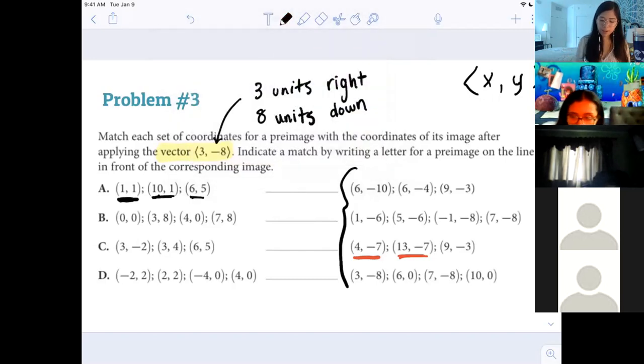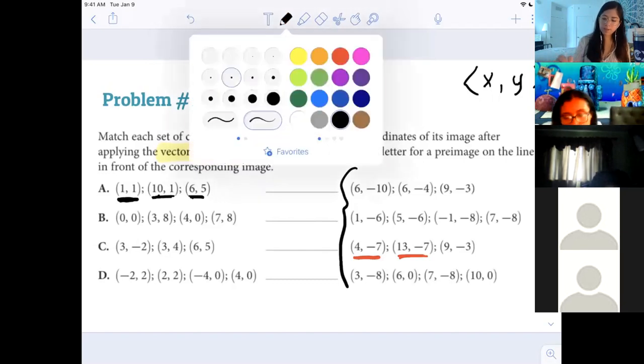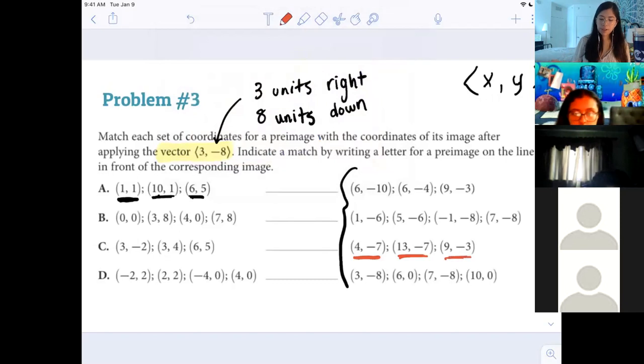I should add 3 to the 6, which would be 9, and then subtract 8 from the 5, which should be negative 3. And that does match up. So in other words, the vector 3 comma negative 8 was applied to the points in letter A. So all 3 points were changed by adding 3 to the x value and subtracting 8 from the y value. So therefore this one matches up.